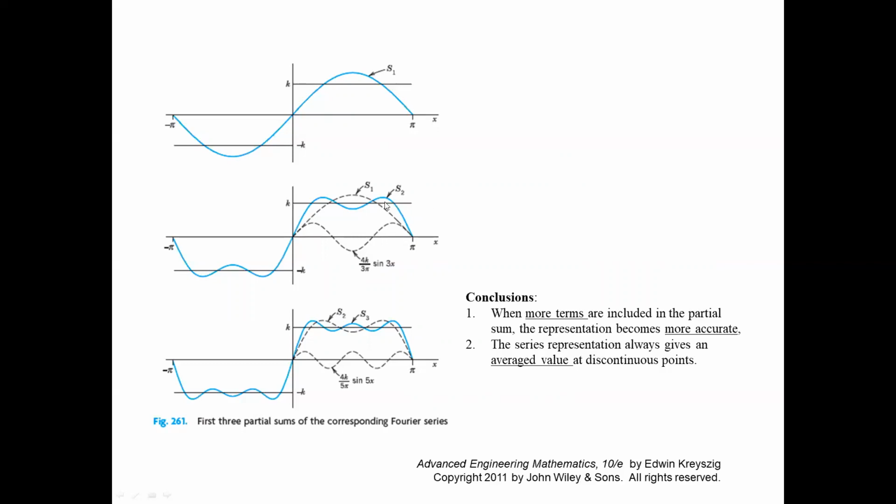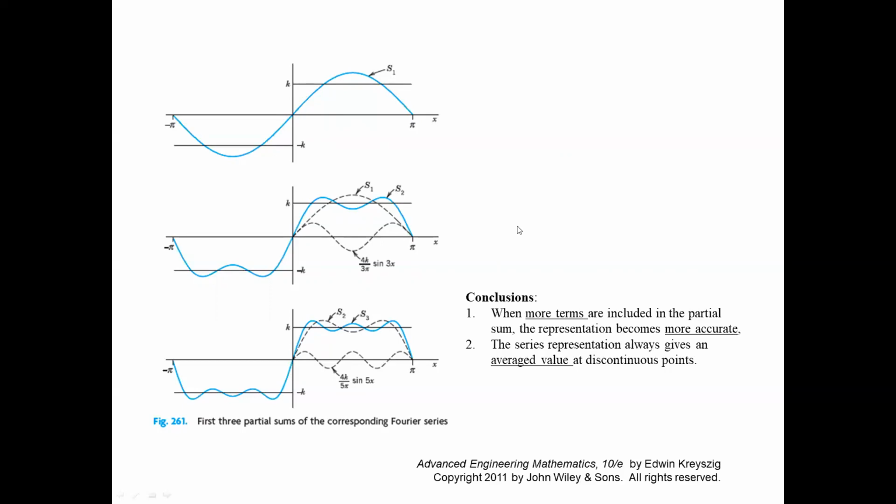If we take the two-term sum, the result is slightly better than the one-term sum. And if we take the three-term sum and compare with the two-term sum, we can tell the result is further improved. We also notice all the blue curves, the partial sums, pass through the origin.